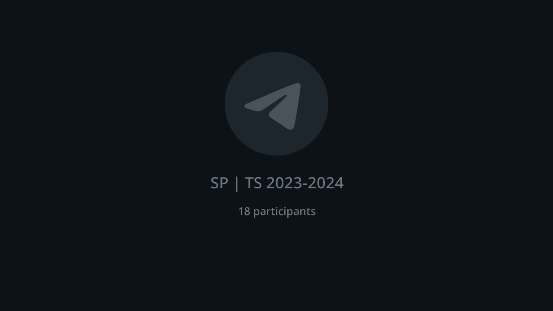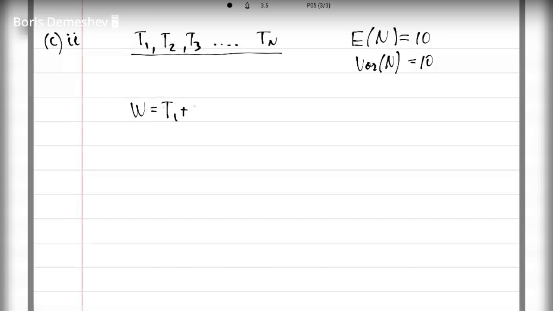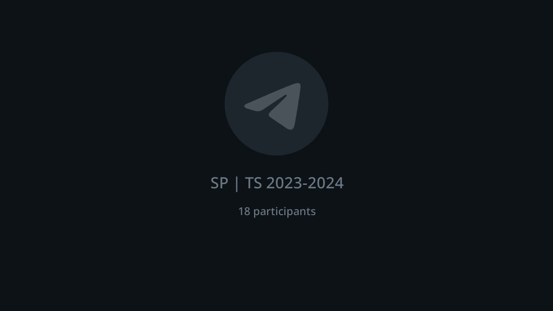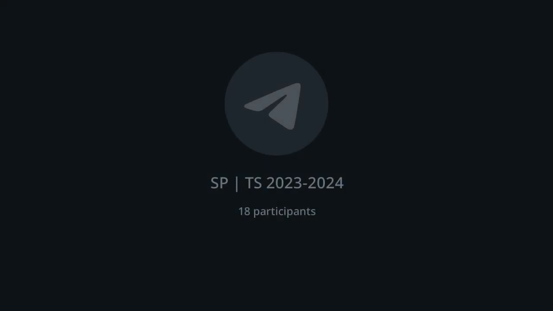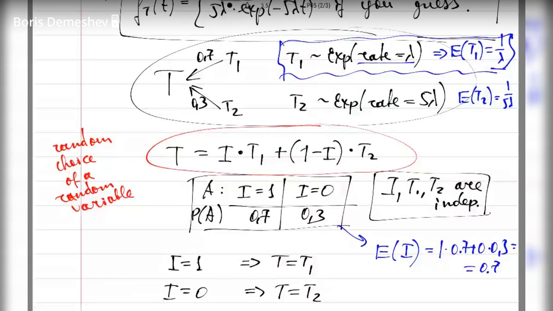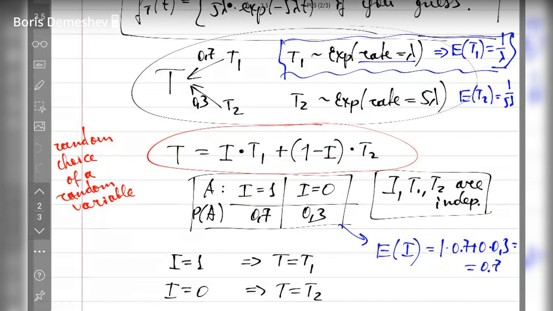time for each question. And let's discuss the total time, W. So it's T1 plus T2 plus T3. Oops, I have a bad notation. I have not read the problem till the end.